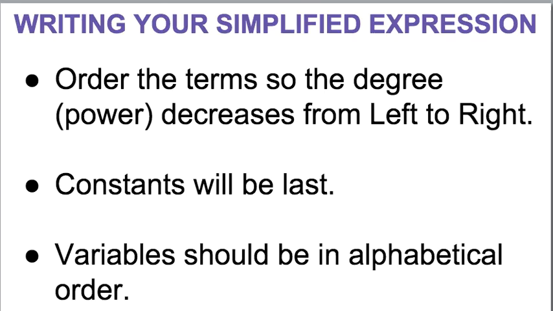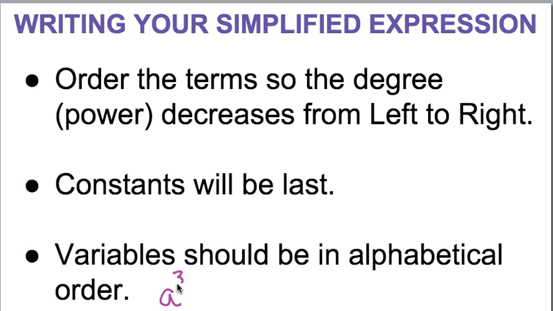And finally, what happens when you have more than one variable? X's, Y's, Z's. We know that any powers go in order of largest to smallest. Variables go in alphabetical order. So it would look something like this.